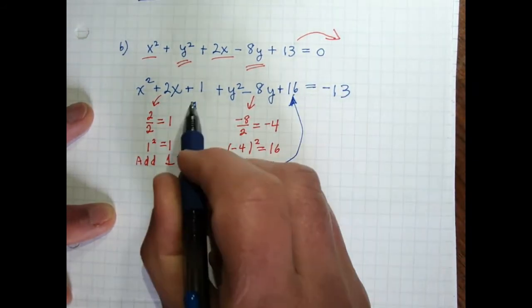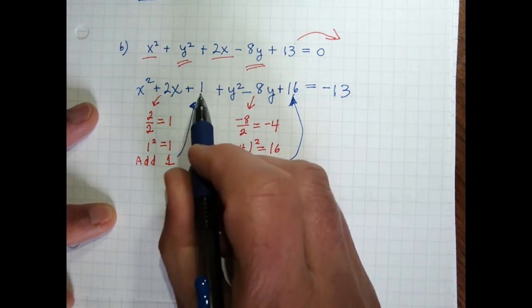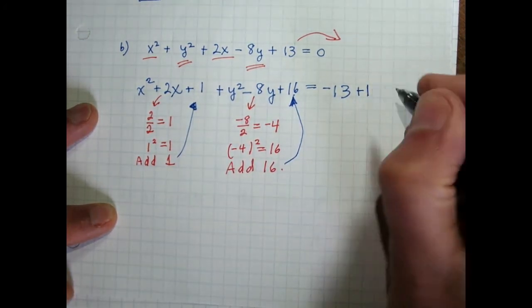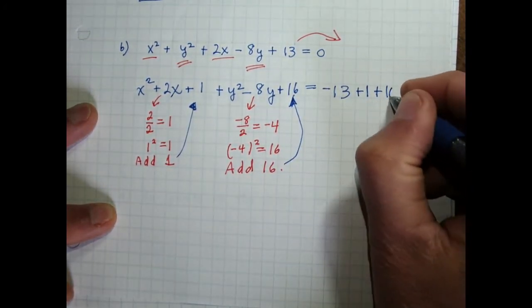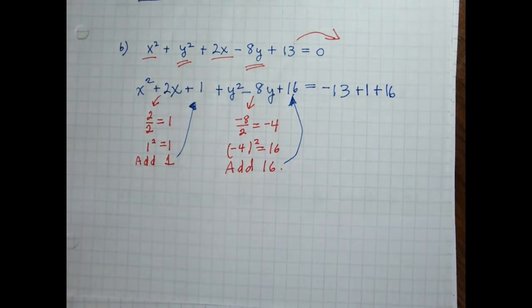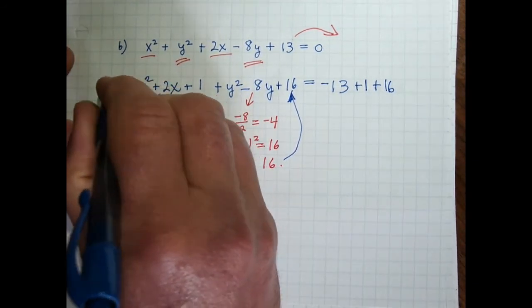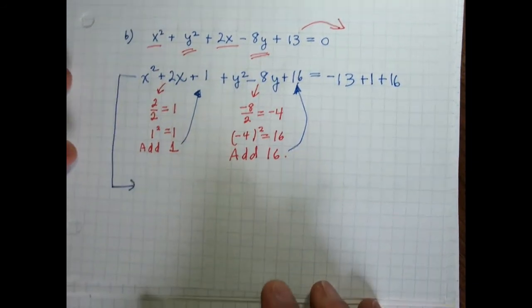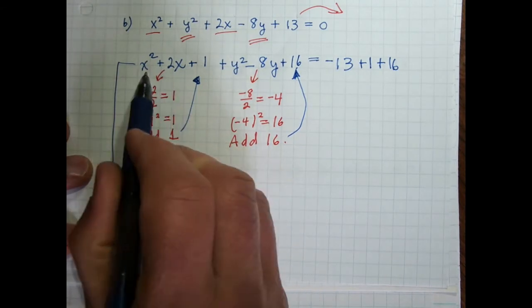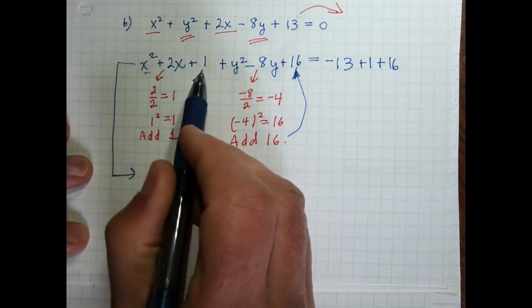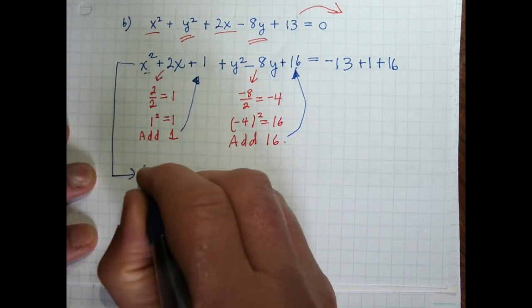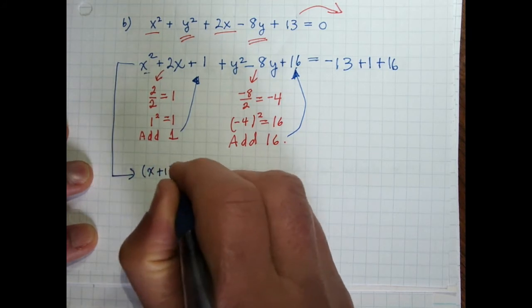But now, whatever I do to one side, I have to do the other, so I got to add a 1, and I have to add 16 to the right-hand side to keep an equivalent equation. Now let's come down here and see what I got. The x squared plus 2x plus 1, I can factor into x plus 1, x plus 1.